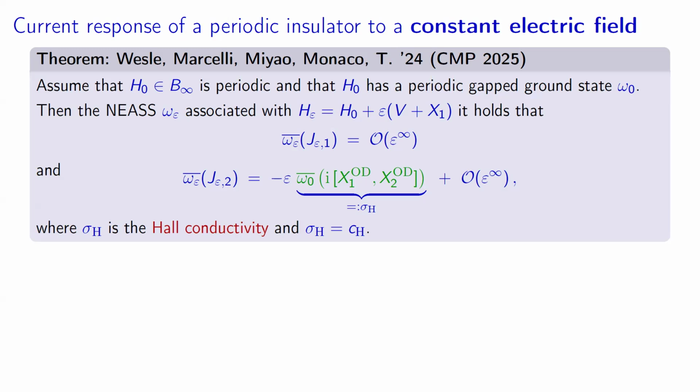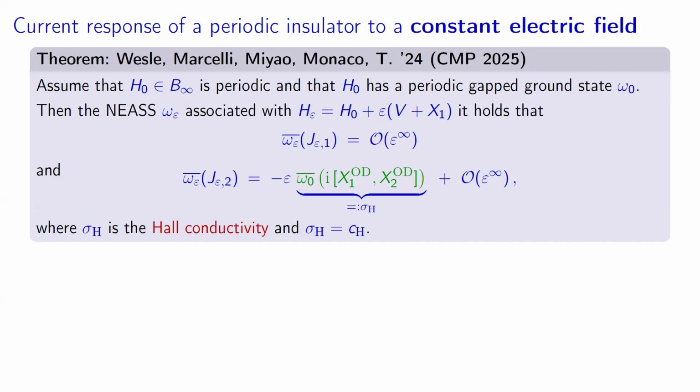This is basically what the picture I showed you before, the heuristic picture, which was a one-dimensional picture, shows you. No matter how you tilt this band, the electrons will not be able to move. And basically this is a proof that even if you apply voltages on a macroscopic sample that exceed the spectral gap by many orders of magnitude, you will not see a current flowing through the system.